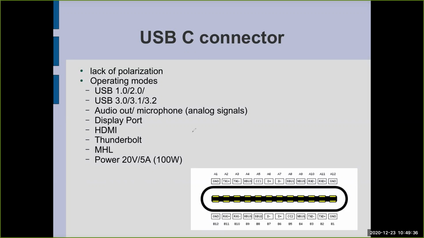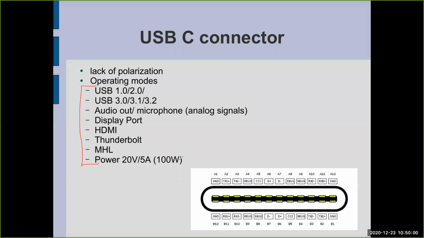Of course, if we have a USB-C socket in a computer, it doesn't mean that everything is accessible, because it depends on the computer architecture, what is connected to a particular path.